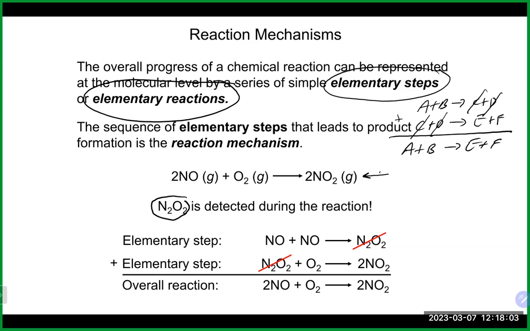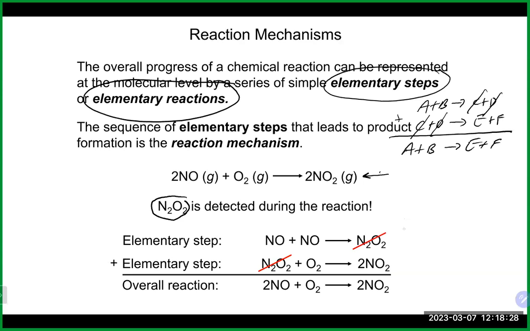So because it's detected along the way in the reaction, it is believed that it has been made during the reaction, and it also must have been used up by the time the reaction was over, which is why we don't see it at the end of the reaction. So those types of things, as we'll talk about, are referred to as intermediates, and those are things that are made early on in the reaction and then used up.